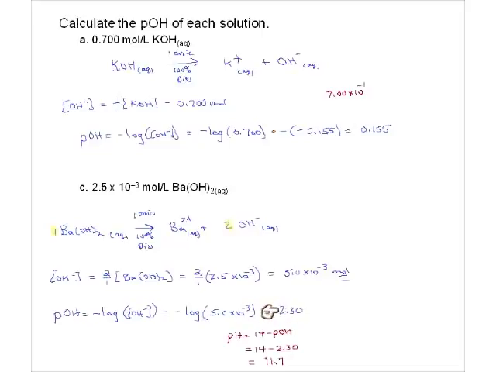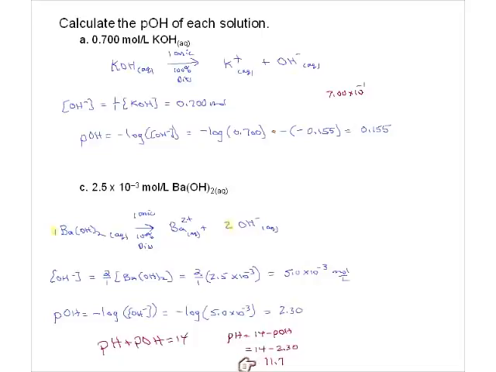Now what's the significance of this? I find it difficult myself to look at a pOH and be able to say if it's acidic or basic. So what I like to do is, remember this little scenario where we said pH plus pOH equals 14? I'm going to solve for pH here now and say 14 minus pOH.